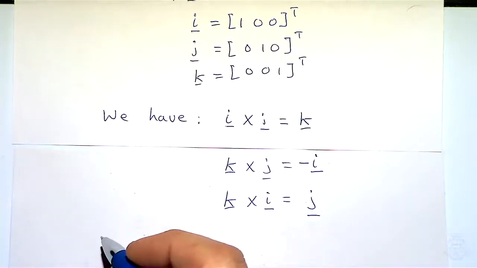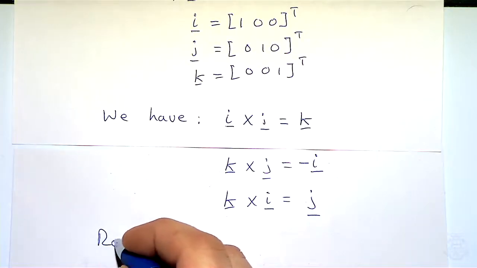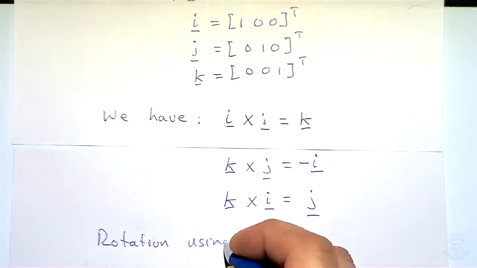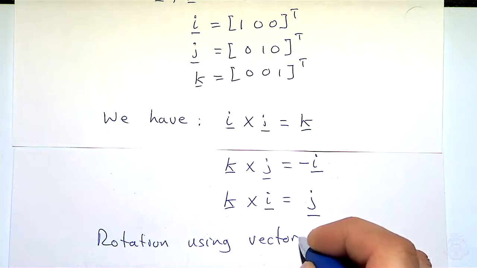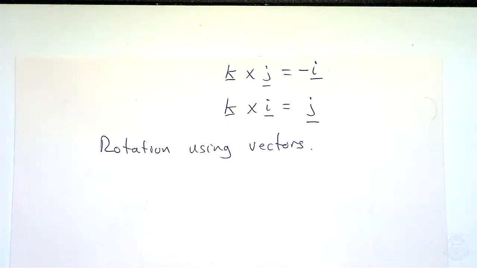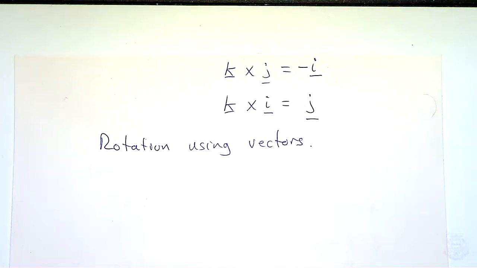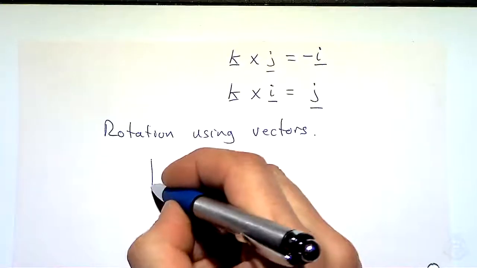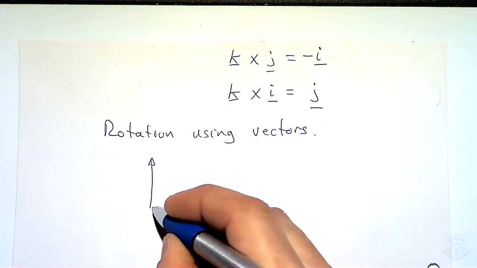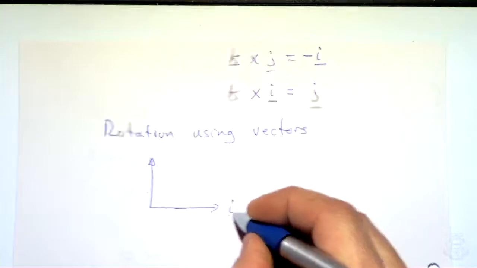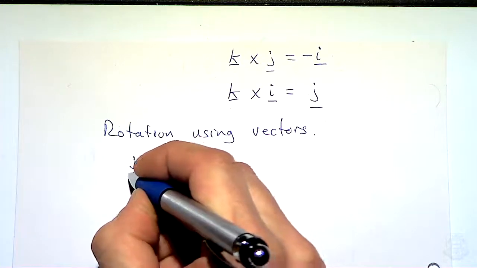We're also going to represent rotation using vectors. Now, for nearly everything that we're going to do in this course, we're going to have a situation like this. We're going to have a two-dimensional space. Okay, we're going to have I in this direction, and we're going to have j in this direction.